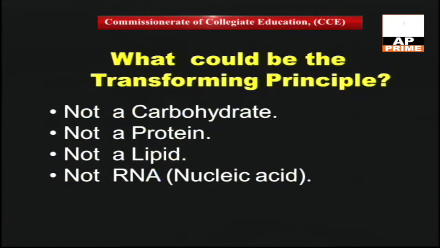Proteases are enzymes with which proteins get damaged. Lipases are enzymes which destroy lipids. RNases are enzymes which destroy RNA. But even in the absence of these biomolecules, transformation happened. So it is very clear that these biomolecules were not responsible for transformation.